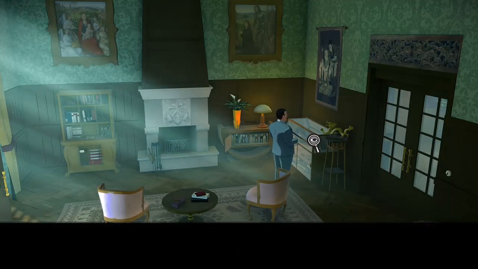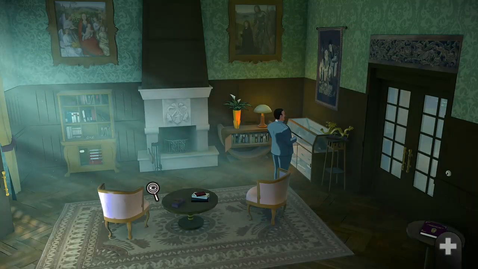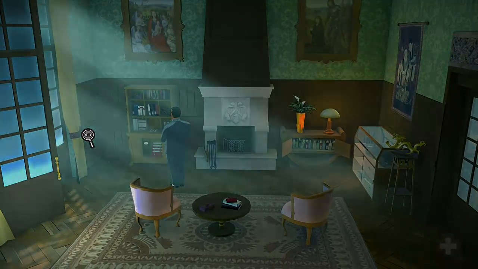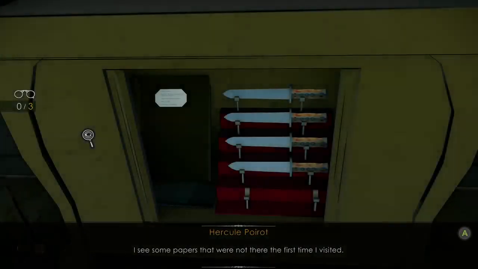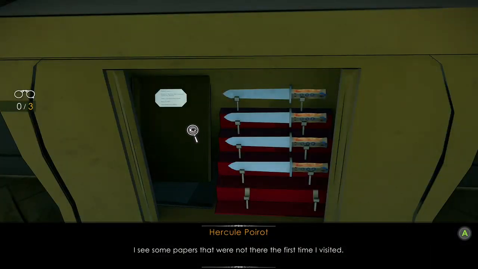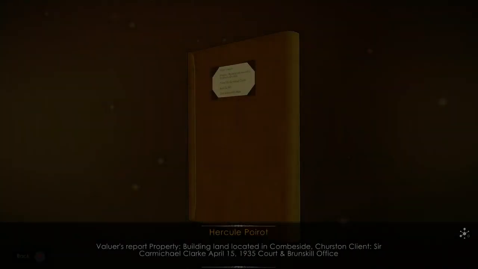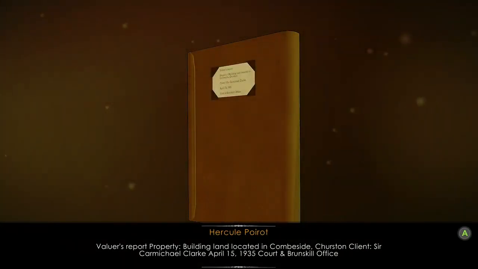Sir Carmichael's... I see some papers that were not there the first time I visited. Valuer's report, property: building land located in Comside, Churston.